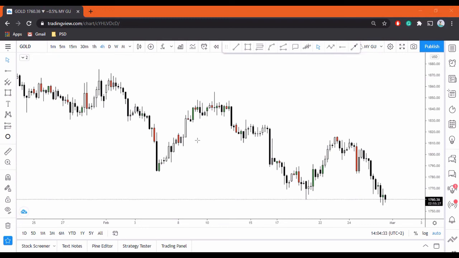And then leverage is what gives you the opportunity to be in the market. And then margin: when you place a trade, according to the lot size that you place, they will hold a certain percent of your account. So you can't just be placing trades, because every time you place a trade, before the trade ends, they'll be holding a certain amount from your account according to the lot size that you used.